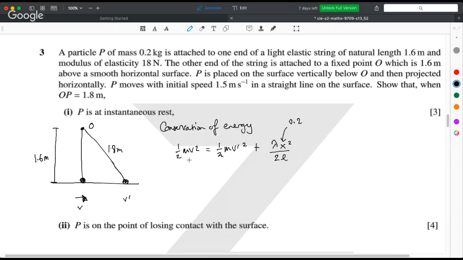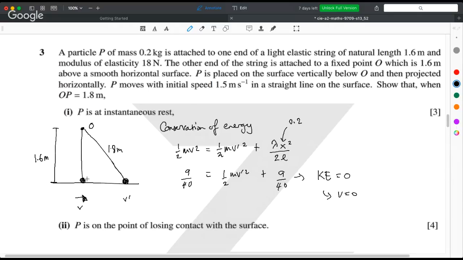So if we plug in the numbers on the left-hand side, you will get that this is equal to 9 over 40. And that's equal to, again, 1/2 mv prime squared plus, and if we plug in all of this, we get that this is equal to 9 over 40. So this means that the kinetic energy at the later stage is 0, which means that the velocity is 0.